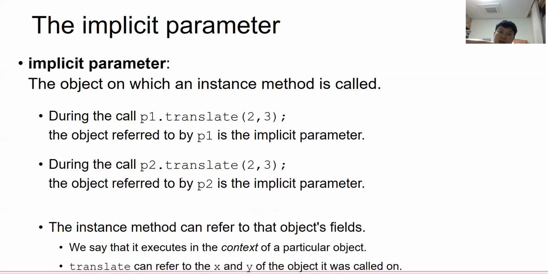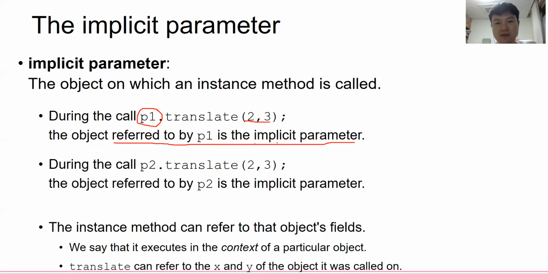The thing that we need to understand is the implicit parameter. What is the implicit parameter? When we have the instance method, we need to call the object, right? p1, p2, that's the object. When we call p1.translate 2, 3, the object referred to by p1 is the implicit parameter. In the static method, you need to define the parameter, so it is an explicit parameter.